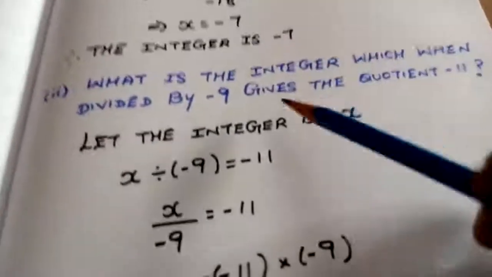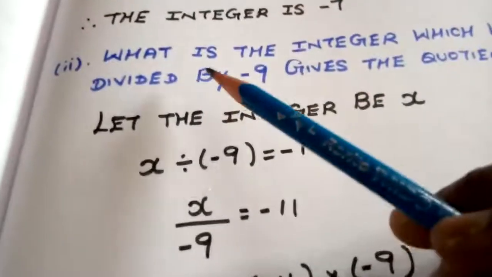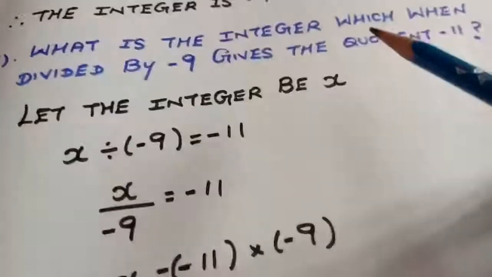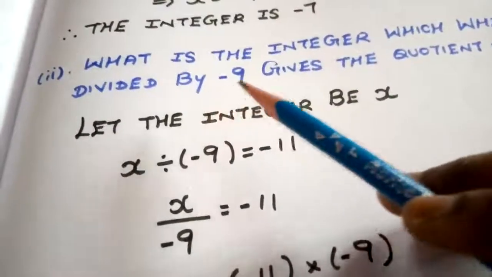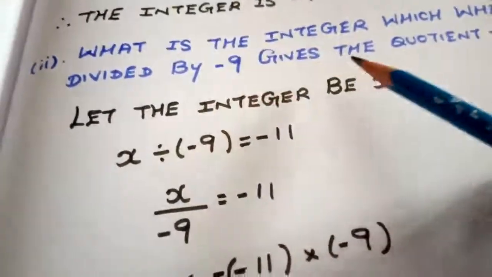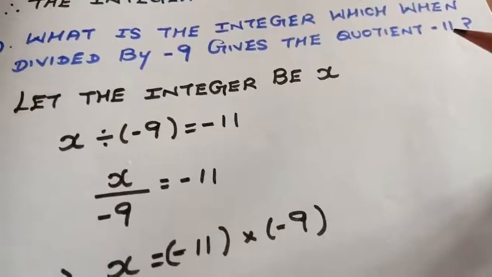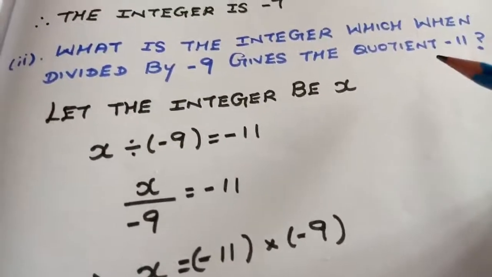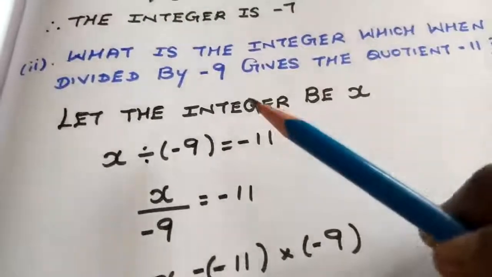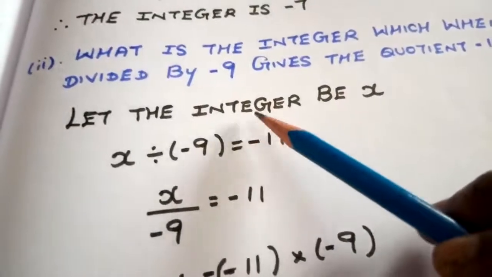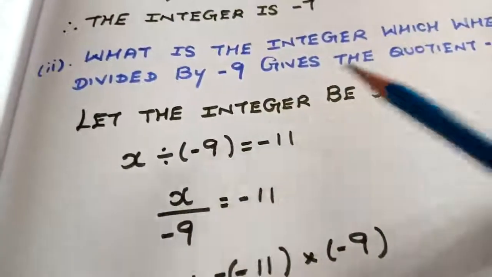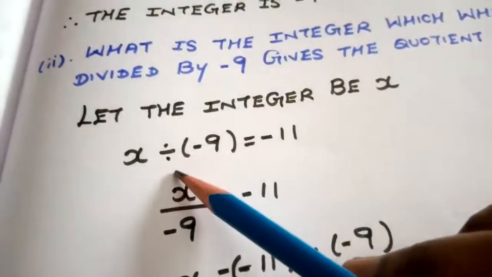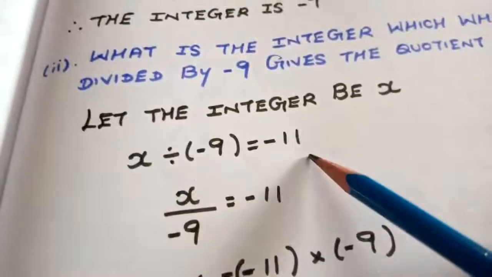Coming to the next question, what is the integer which when divided by minus 9 gives the quotient minus 11? So that is the thing they are asking you. So I'm going to take the integer as x. x divided by minus 9 equal to minus 11.